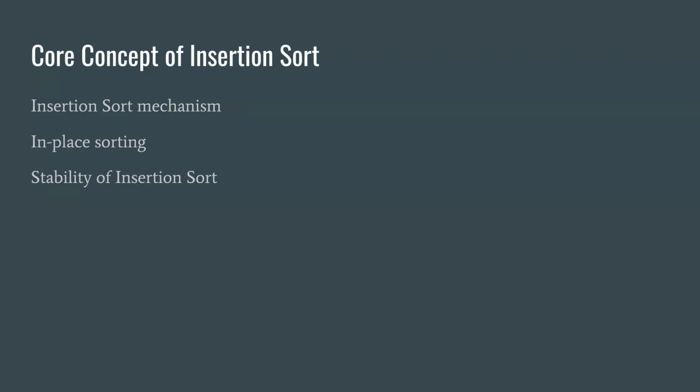Moreover, insertion sort is a stable sorting algorithm. What we mean by stable is that the sort ensures elements with equal keys retain their relative order after sorting is done.